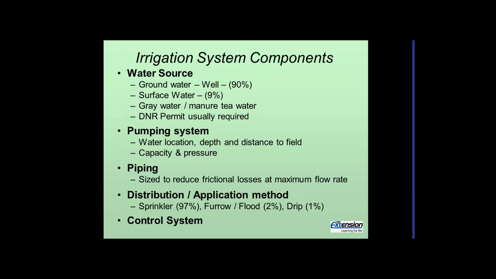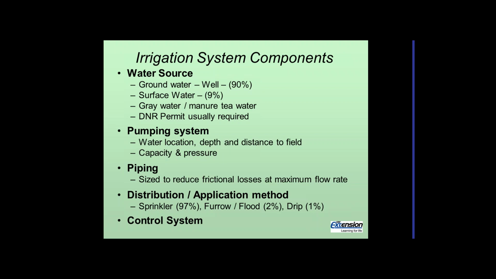The next part of it is the pumping system. This is bringing the water out of the ground, or the surface water, pressurizing it and moving it some distance to the place where it's going to be distributed. And it will usually provide the energy for the distribution of that water.